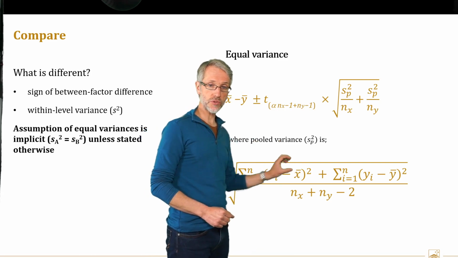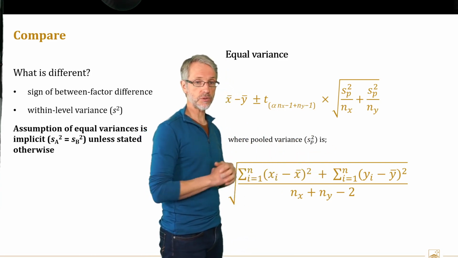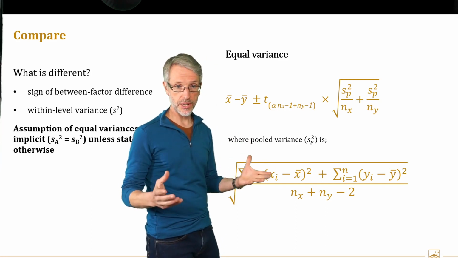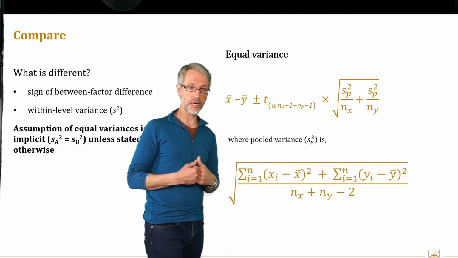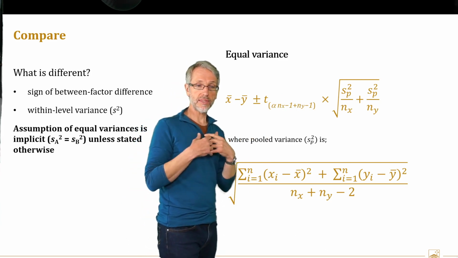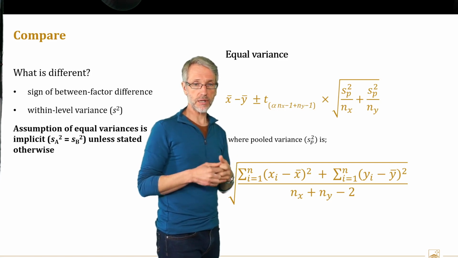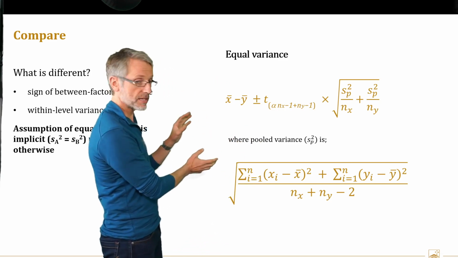So you have these two sets of squared deviances being added together as a single numerator, being treated equally, hence the equal variance based calculation. So we have this underlying implicit assumption of equal variance, and it is embodied by that equation there.